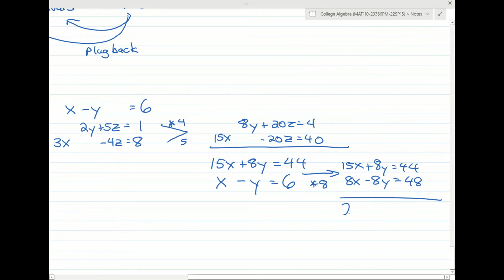So you get 23x is equal to 92. And then if you divide by 23, you just get x is equal to 4.